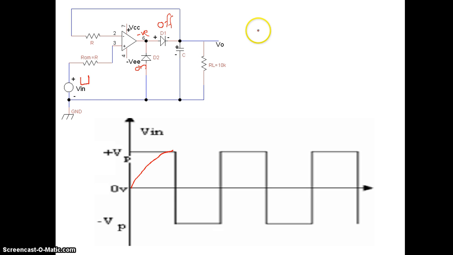We make the discharge time TD much greater than the period, 10 times your period. This is the period of the waveform, so it will take 10 times T to discharge.